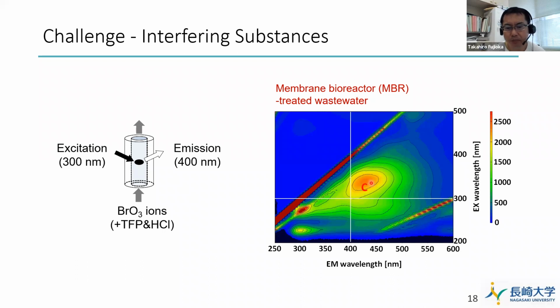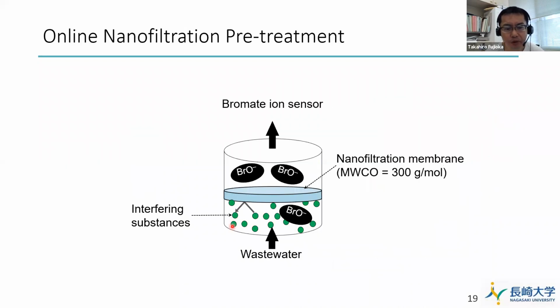We have to remove that. This is a very strong background in the fluorescence. So we try to remove interfering substances by using a nanofiltration membrane with a molecular weight cutoff of 300 gram per mole. Most of the dissolved organics are larger than that, but bromate is smaller than the pore size. Then we can really purify the sample containing bromate ions.